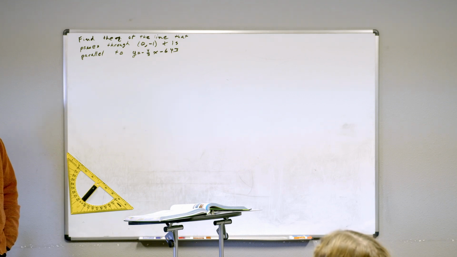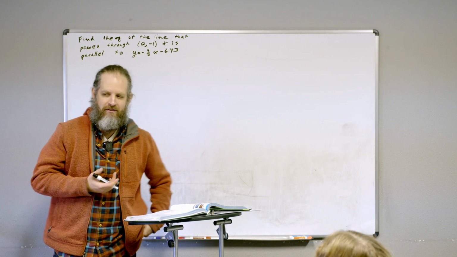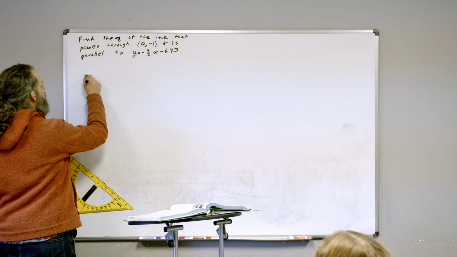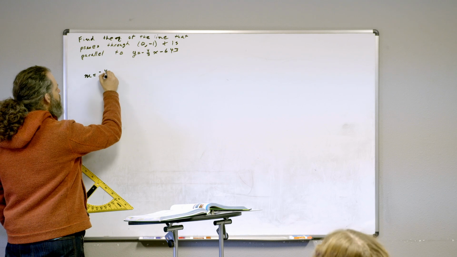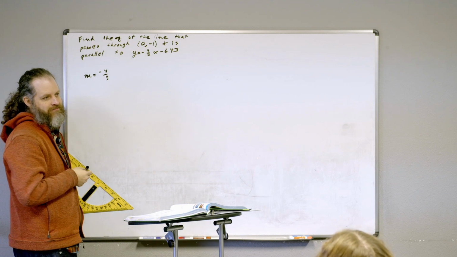So, the fact that the line we're looking for is parallel to this line, what does that tell us? Slope is the same. So our slope is what? Negative 4/3.